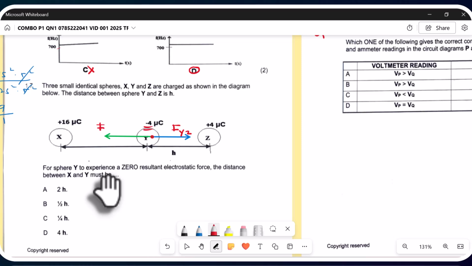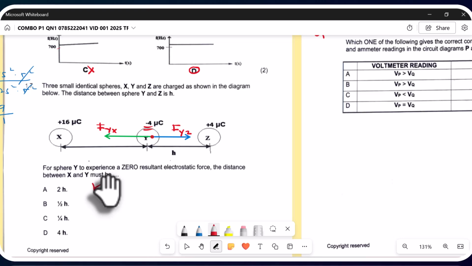It will be equal to the force, again from Coulomb's law, between Y and Z, that's K times the charge on Y, times the charge on Z, divided by the distance, in this case h squared.